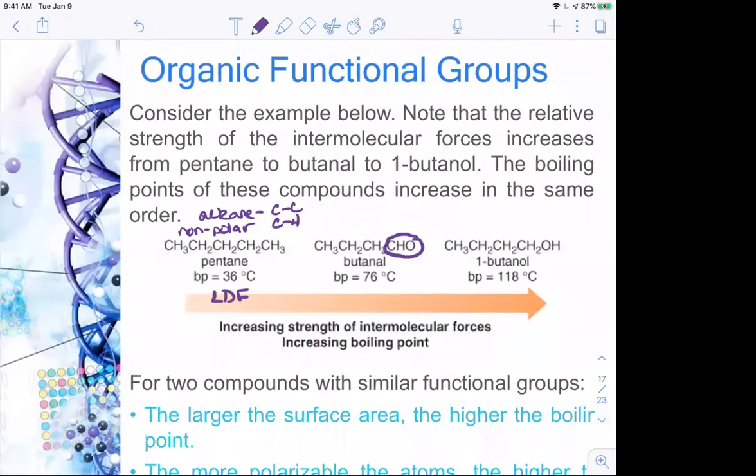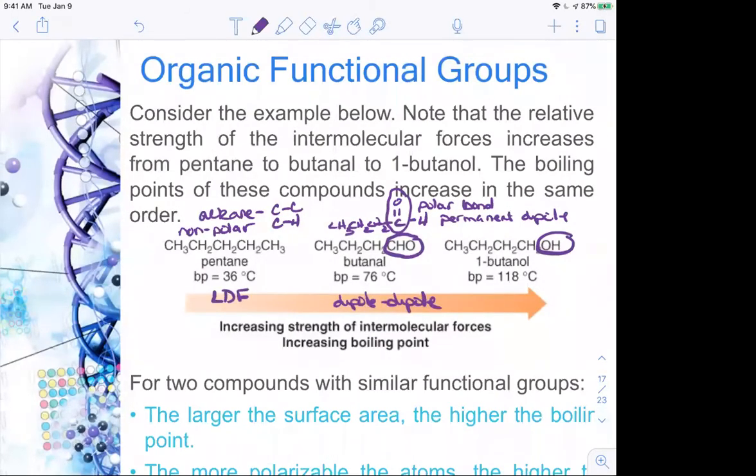This is how you write an aldehyde, right? This is a polar bond. It has a permanent dipole. So this is going to have dipole-dipole interactions.